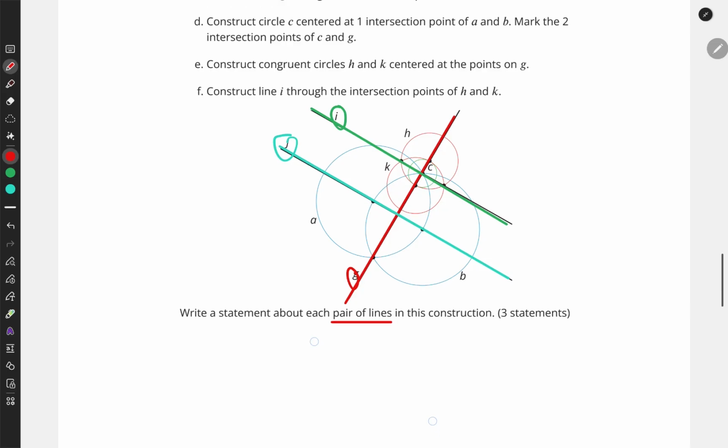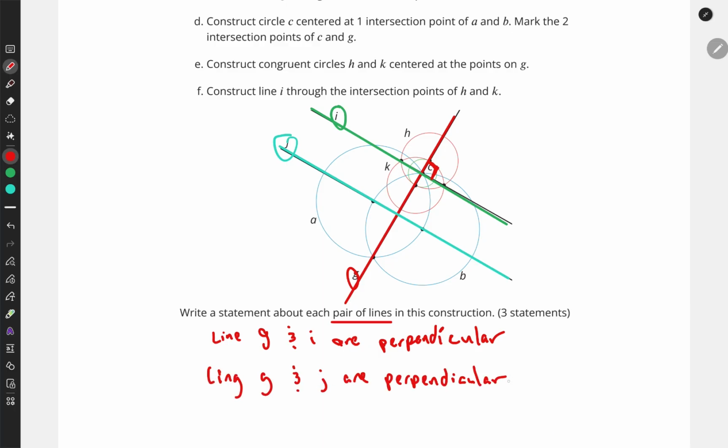So line G and I are perpendicular. All right, so that's a perpendicular right here, right? Okay, well, also line G and J are perpendicular. And then finally, so we compared these two. Now we have to compare these two lines, this and this.